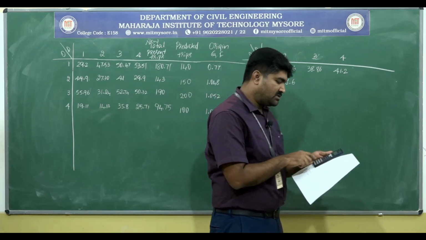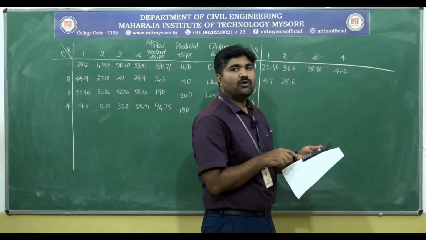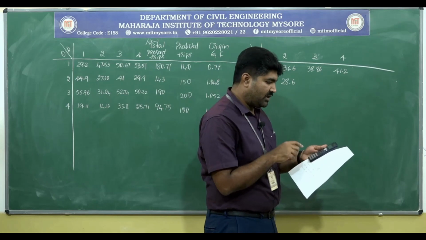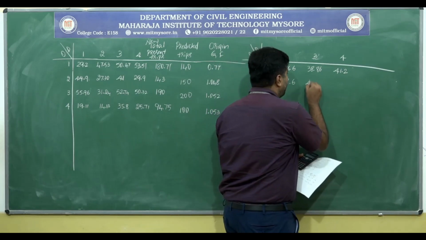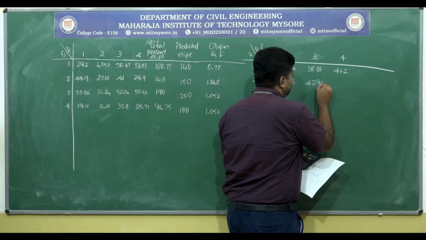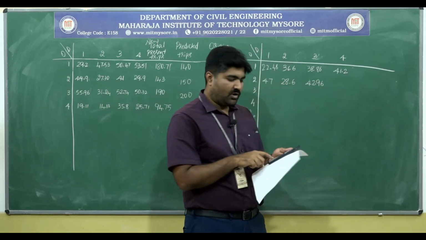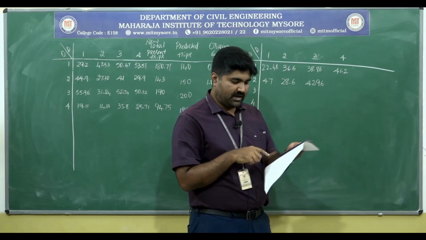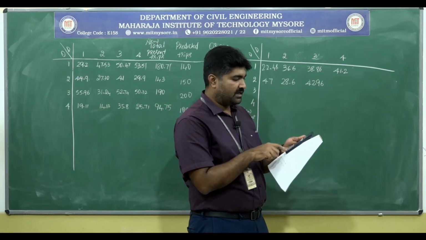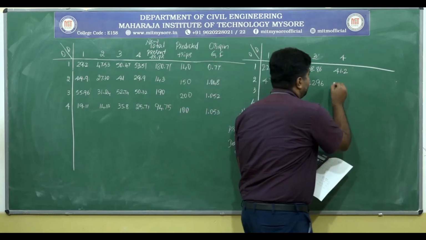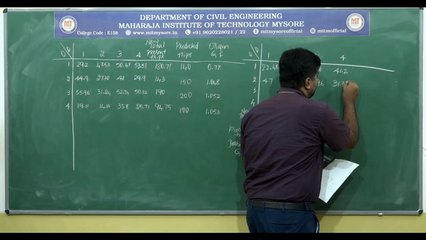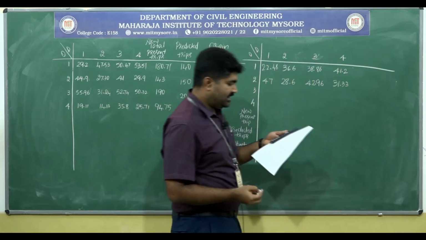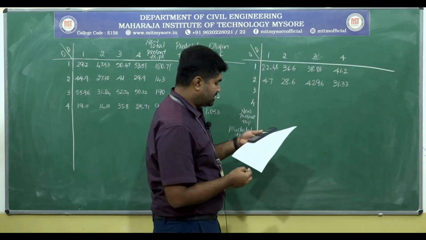Next, 1.048 into 41, you will get 42.96. Okay, 1.048 multiplied by 29.9, 31.33.